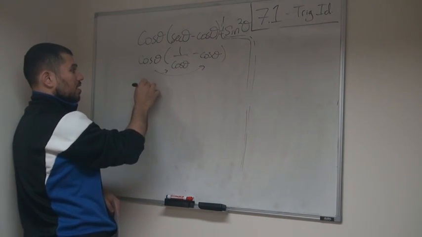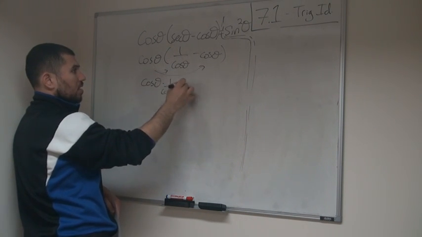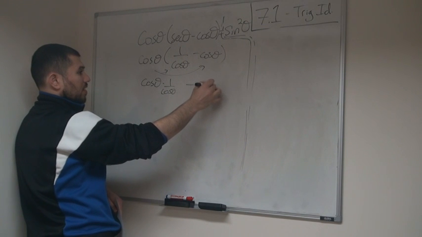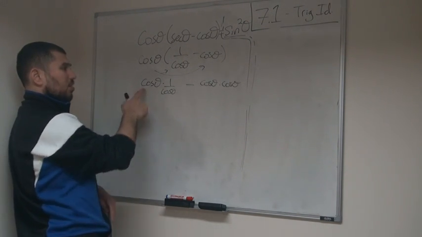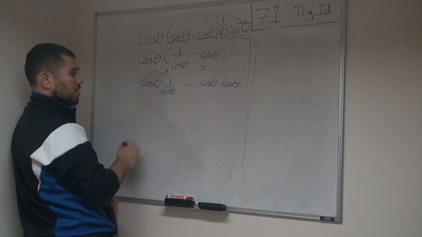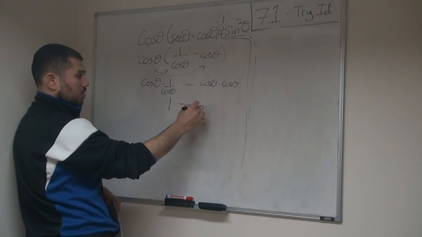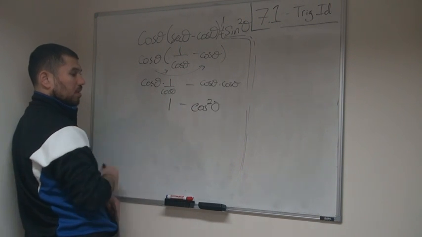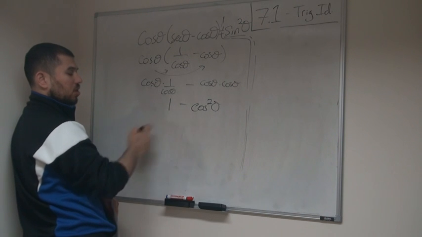Cosine of theta times 1 over cosine of theta minus cosine of theta times cosine of theta. Now cosine times 1 over cosine, the cosines just factor out or cancel and I have a 1. 1 minus cosine times cosine is minus cosine squared theta. So now I have 1 minus cosine squared theta.